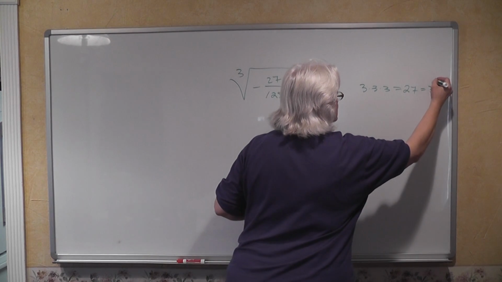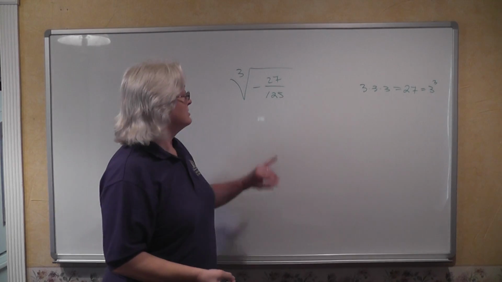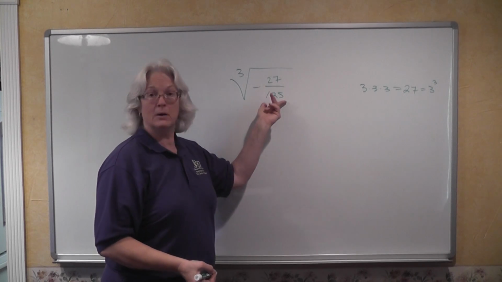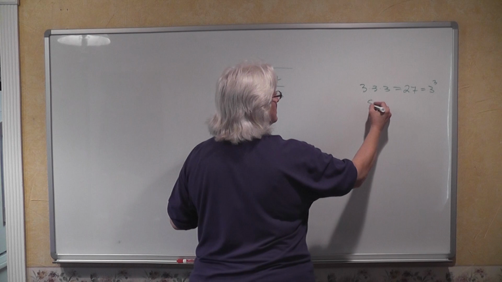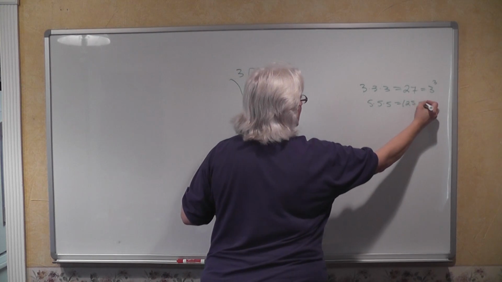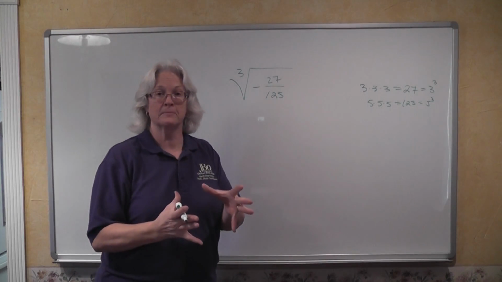So you can also express that as 3 cubed, couldn't you? And what if you use as a factor 3 times gives you 125? Well, 5 times 5 times 5 is 125, which is 5 cubed, isn't it?